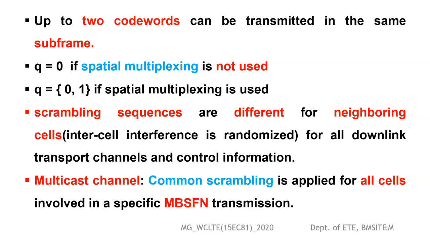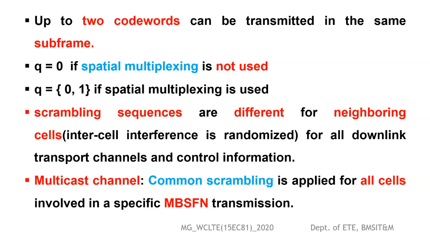Why we have different scrambling sequences for neighbor cells is to mitigate intercell interference. Intercell interference is randomized, so it can be mitigated by having different scrambling sequences in the neighbor cells.